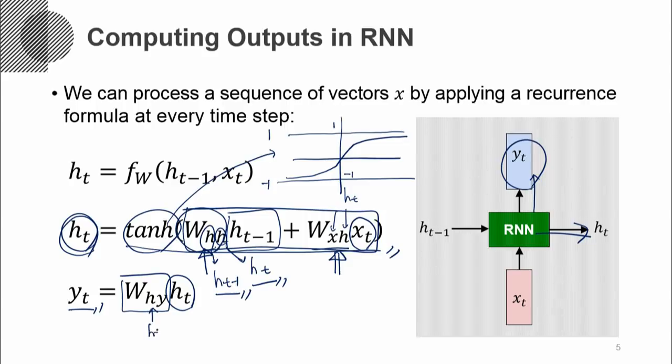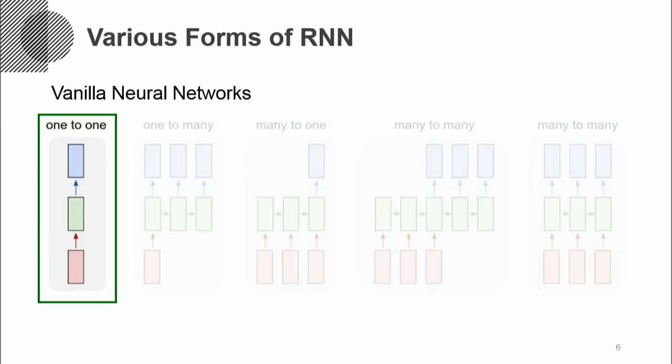So this is h_t and this is y_t. This is how the original or vanilla RNN works in general.